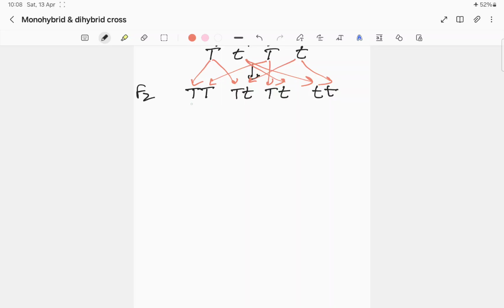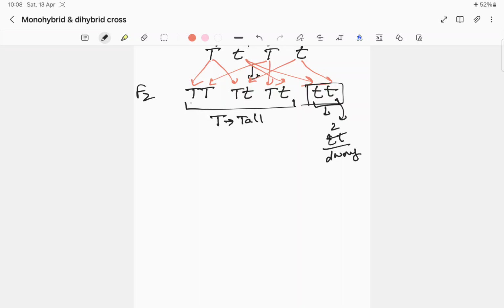If we observe in this generation, there are three plants with capital T. Capital T resembles tall plants. So if we see phenotypically, three plants are tall and one is dwarf, because it doesn't have any dominant allele which is expressing. Here we have only two small t's, so it will be dwarf.